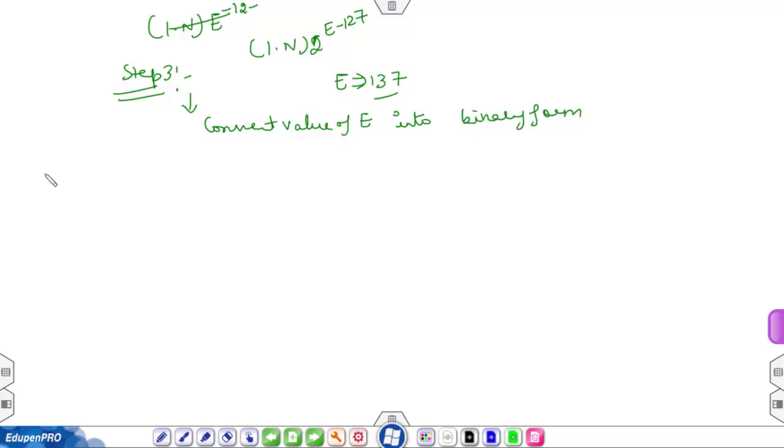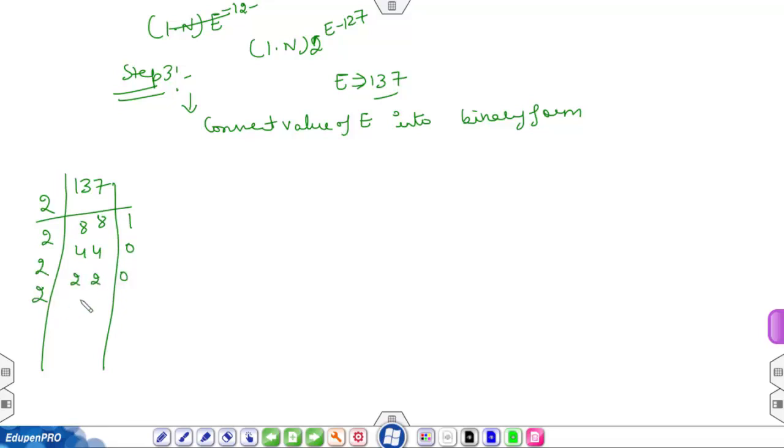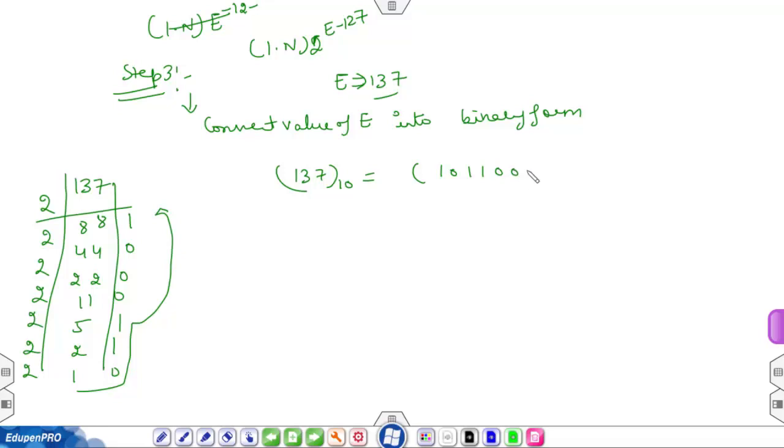Let me convert the number: divide by 2 repeatedly, 137, 68, 34, 17, 8, 4, 2, 1, with remainder 1 at the end. So this will be the binary of 137. That means 137 in binary will be equal to 10001001. So this will be our exponent.